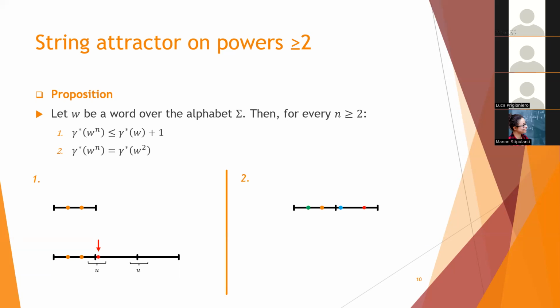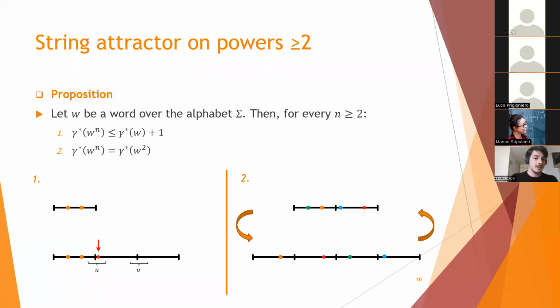For the second, in order to see how the size for the square and any other power are related, we proved that from any string attractor of a square, we can deduce a string attractor of the same size in any power, and vice versa.